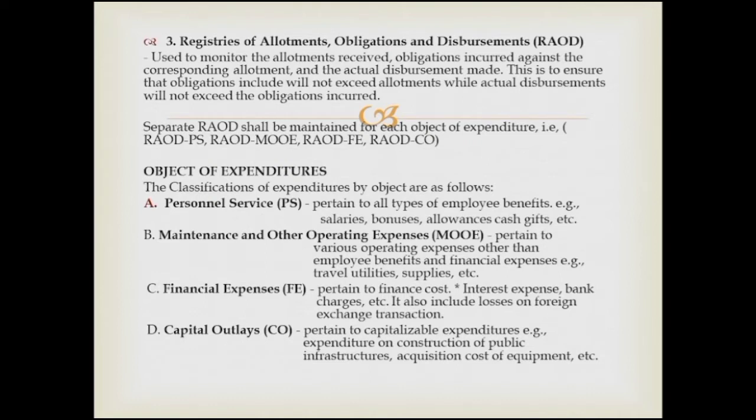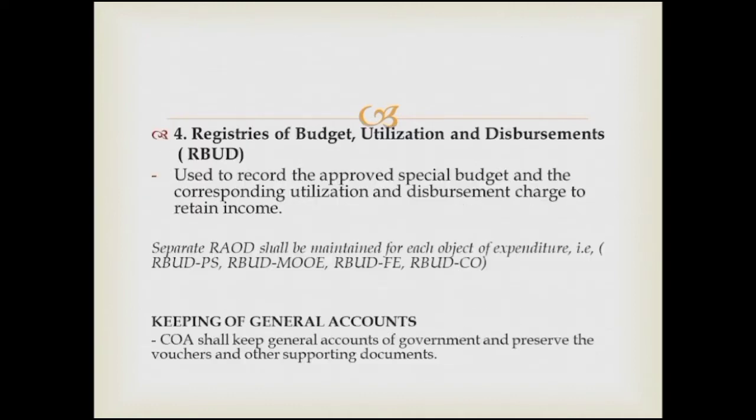And the last one is the capital outlays or the CO, which pertains to capitalizable expenditures such as expenditures on the construction of public infrastructures, acquisition cost of equipment, and so on. The fourth budget registry is the Registries of Budget, Utilization, and Disbursements or the RBUD, which is used to record the approved special budget and the corresponding utilizations and disbursements charged to retained income.